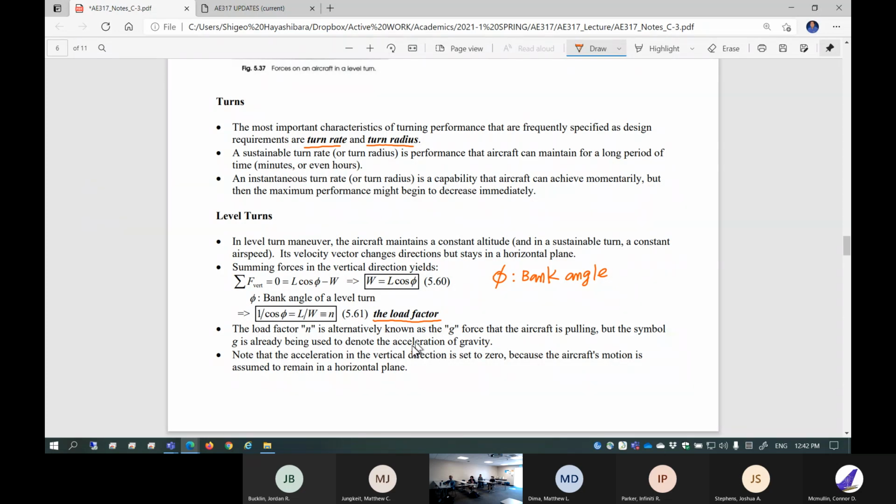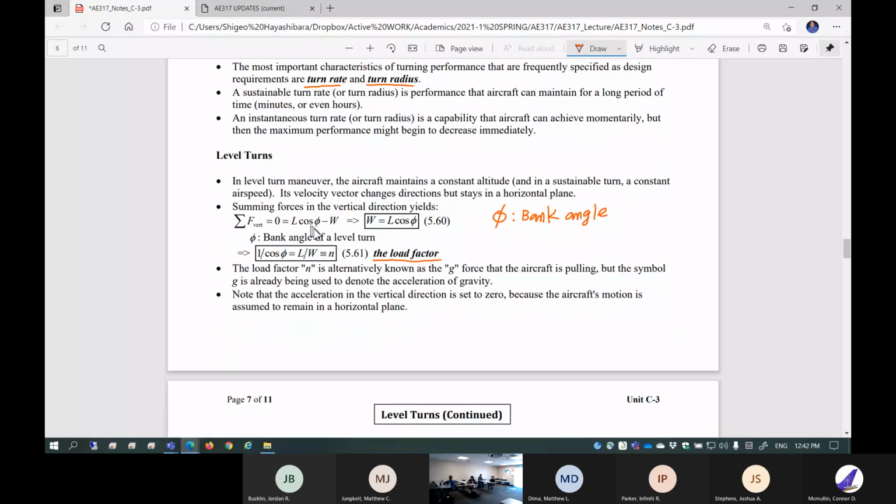But when you turn, lift is way bigger than weight. Okay, so this is the load factor. Load factor N is alternatively known as G force. So pilots say, okay, this is a 2G level turn, 3G level turn. They use that kind of word, okay? However, G is already taken as the acceleration of gravity. So we avoid it. That's why we use N, load factor, okay?